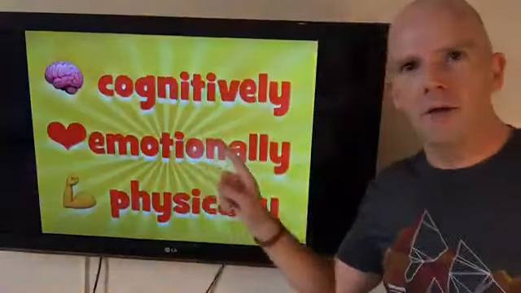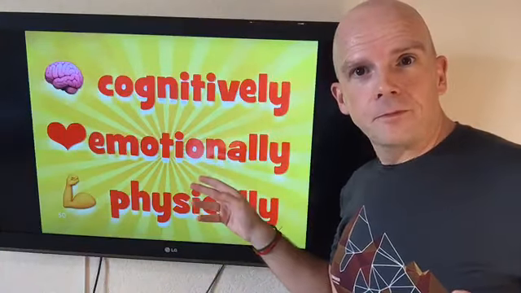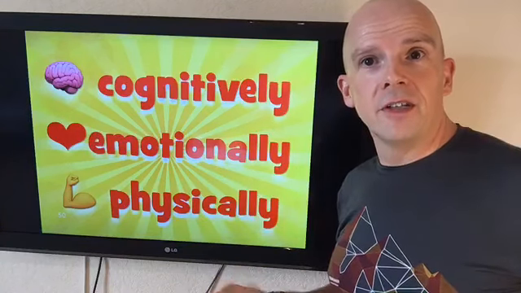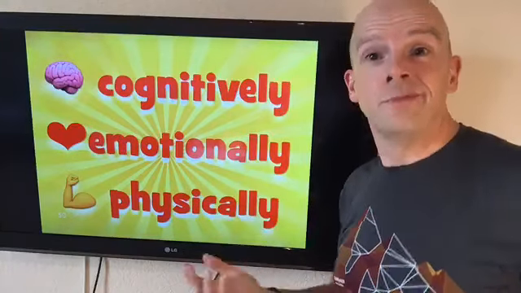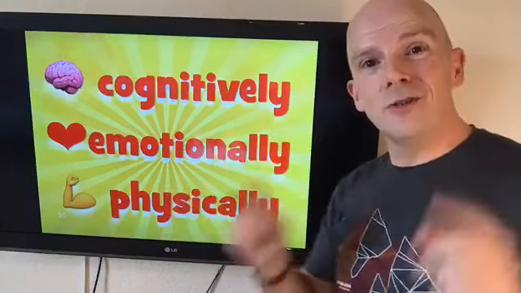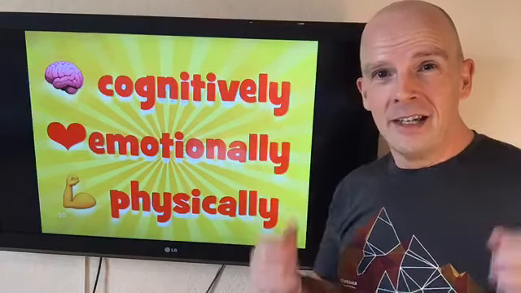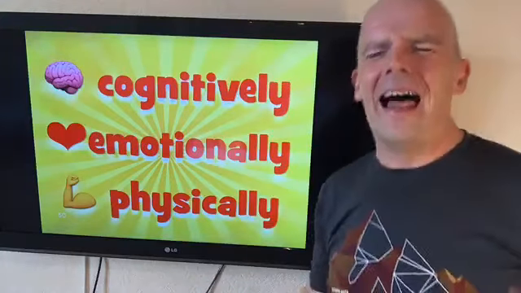We had a thing the other day, I gave an example of this one. Imagine your daughter sends you a text message and says, my boyfriend split up with me. And you go, okay, cognitively, she split up with him. I know it. Imagine your daughter is in front of you right now, crying her eyes out, saying, he's just split up with me, I can't believe it, it's the worst day of my life.